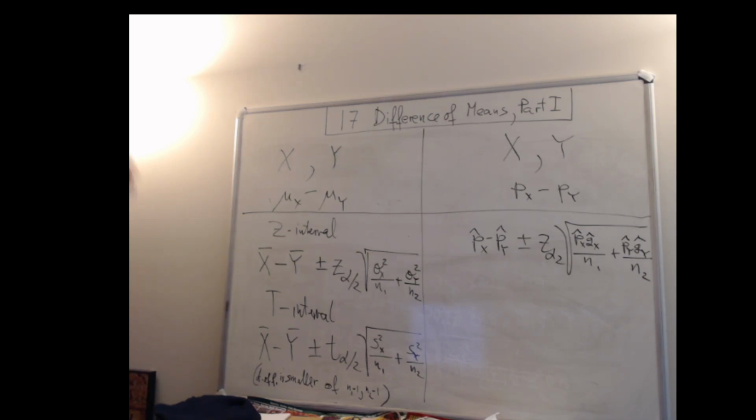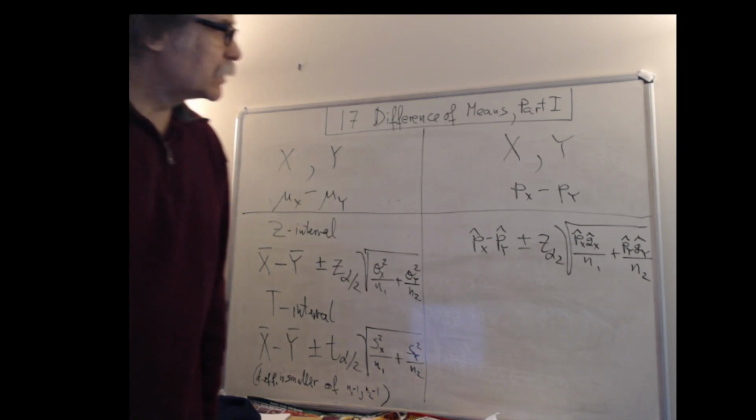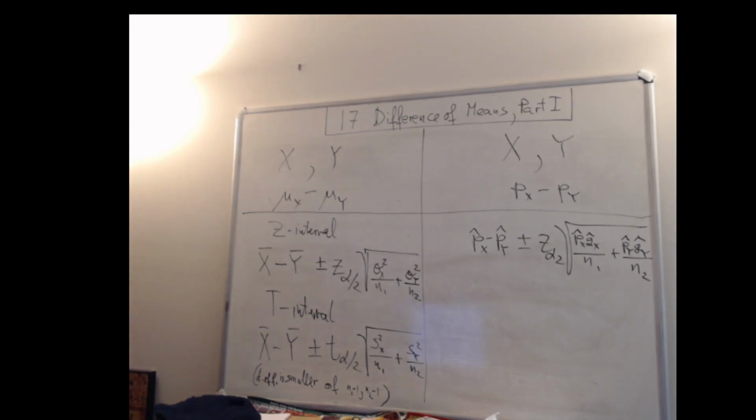So we're going to talk about it next time: hypothesis testing on claims about the difference of means. In the past we had hypothesis testing about claims about one mean and claims about one proportion. Now we're going to have hypothesis testing of claims about the difference of means. So we'll talk about it next time.